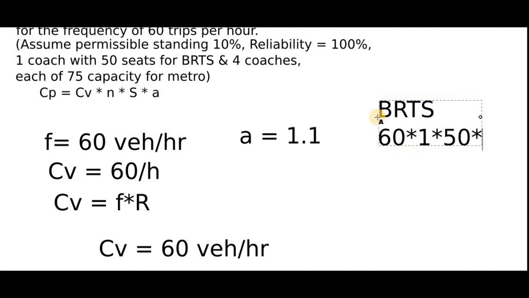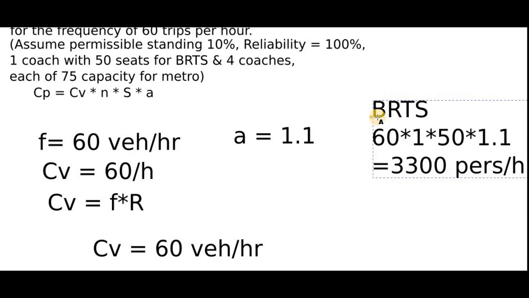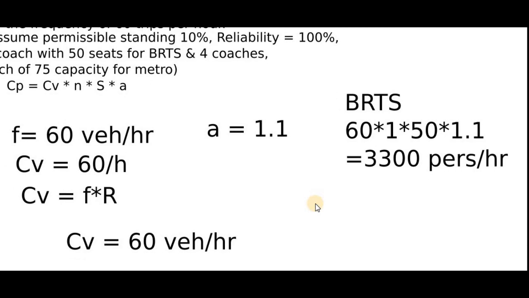And my load factor is 10% extra, so 1.1. This entire thing, let's quickly multiply it, is 3300 per hour. So my BRTS is capable of carrying 3,300 people per hour.